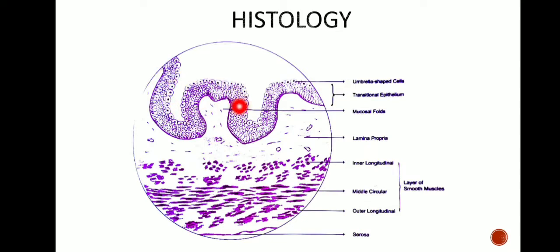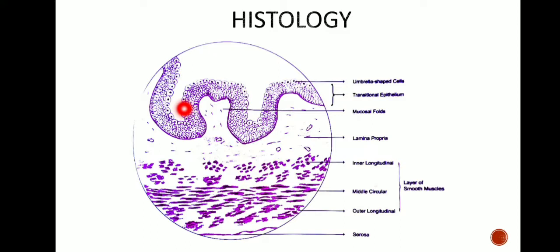This is the transitional epithelium with the umbrella shaped cells. On the other hand, this mucosal area that is covering the internal surface of the base of the bladder is termed as trigone of the bladder, which I'll mention in the later part.